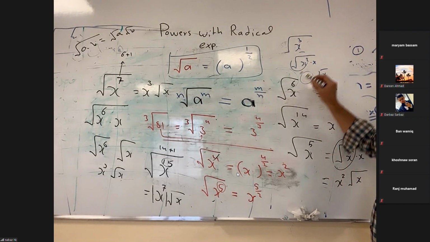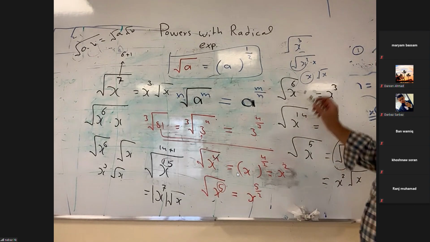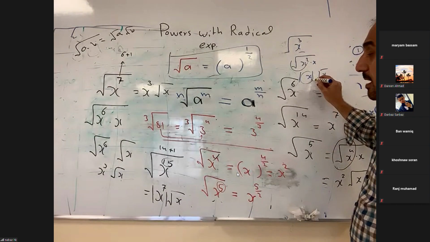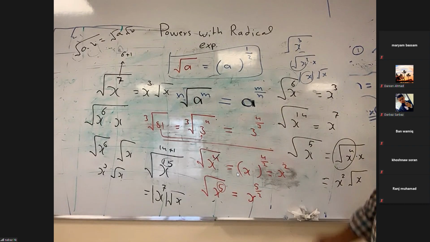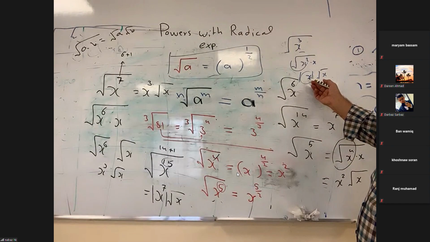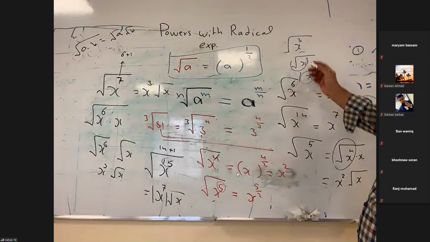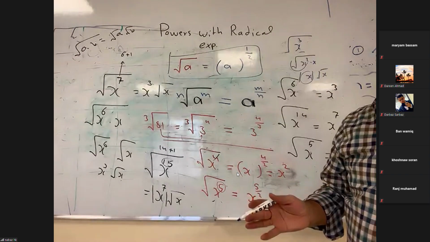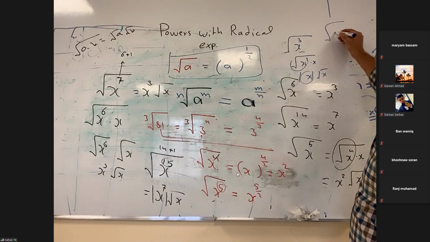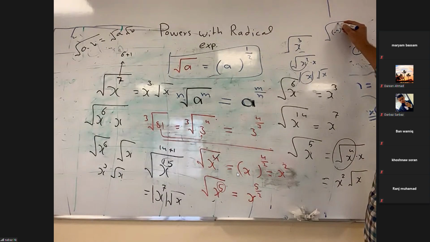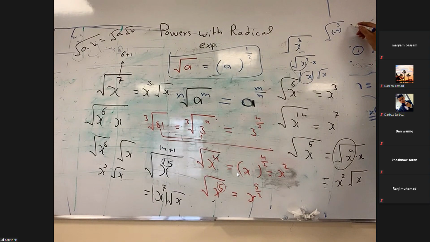Absolute value, this one, you put absolute value. Why? Because this x is never negative. Never under the square root can be negative here. Where, for example, you have the square root of maybe negative 4 to the power 3, it will not be a real number.